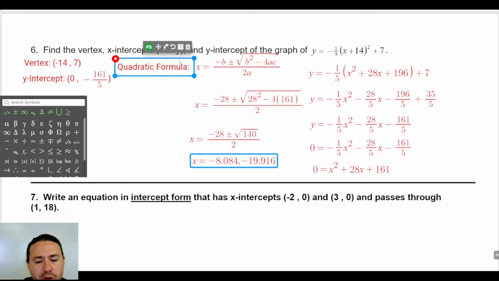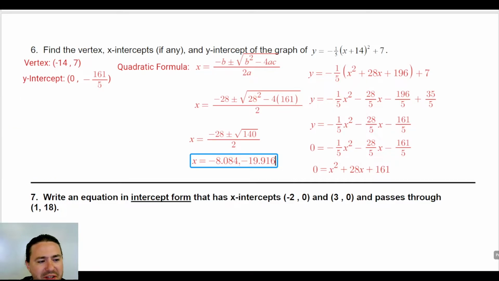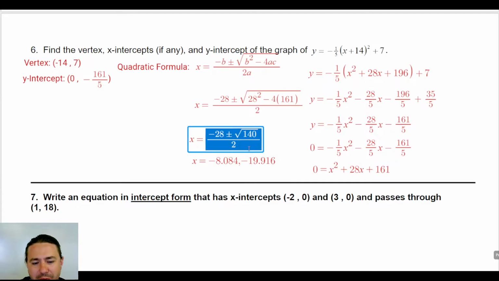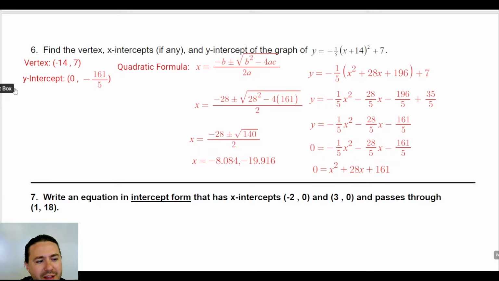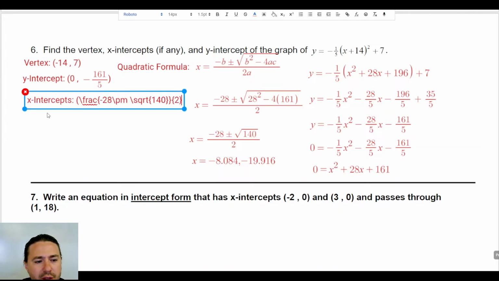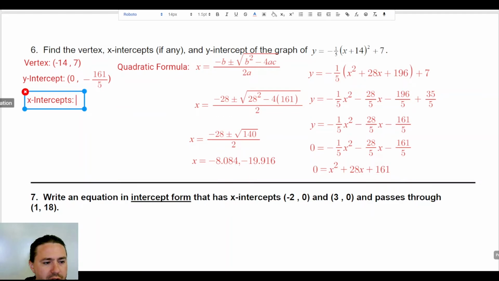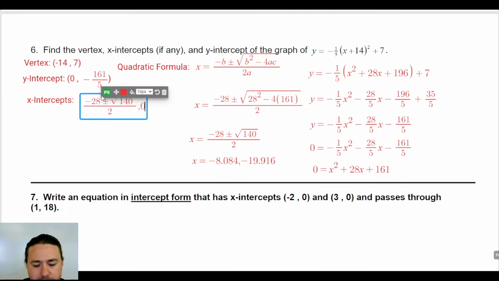Those are going to be your two x-intercepts. Not very kind x-intercepts. In fact, they're irrational, so I kind of like leaving them in this form instead. But if you needed to graph it or estimate where it was on the graph, you would want the decimal. So my x-intercepts are going to be, let's just write it like this, comma, 0.